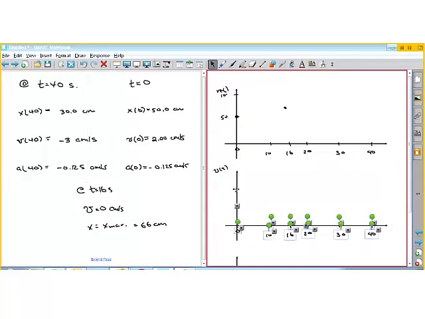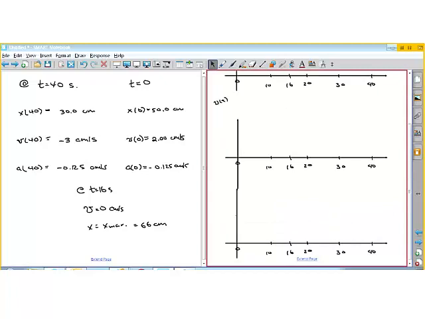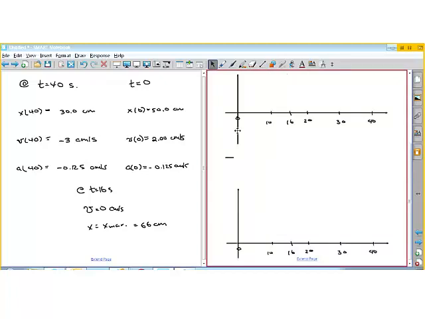So let's group that. What I'm going to do is shift this thing down to about there. So this is going to be 2, and this will be -3.